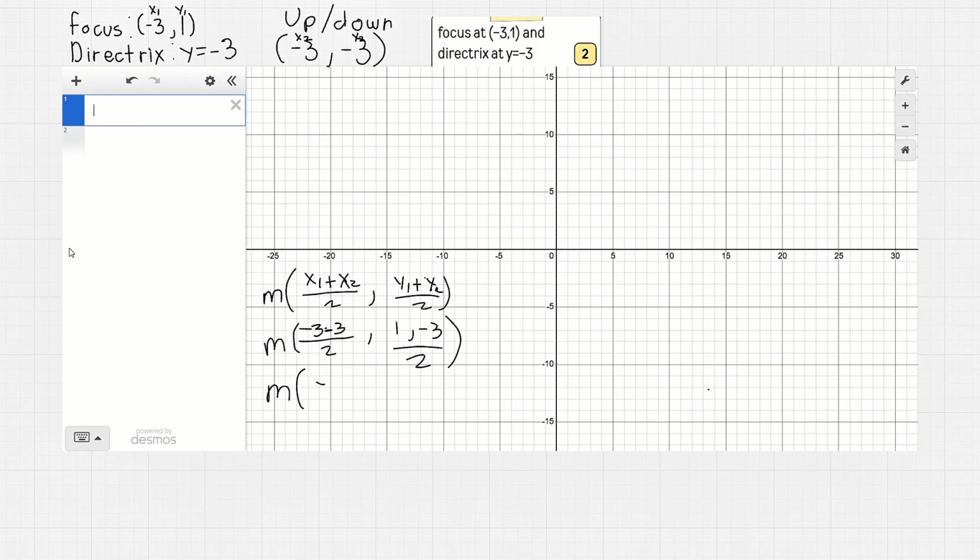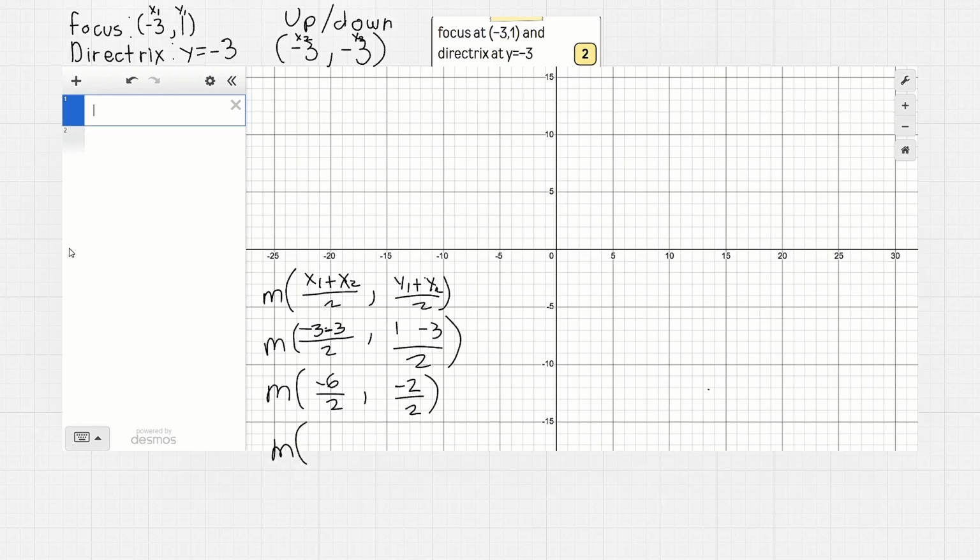Negative 3 minus 3. We apply the rule of integers. If we have the same sign, we are going to add and copy the sign. Negative 3 minus negative 3 is negative 6 over 2. Now, 1 minus 3, negative 2 over 2.